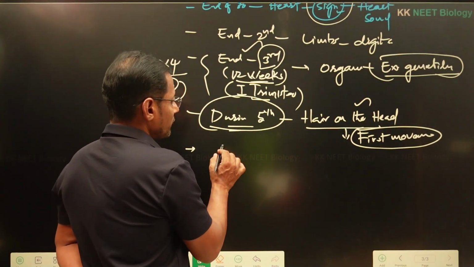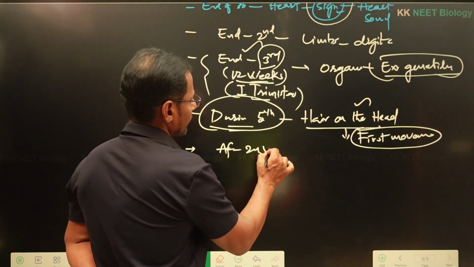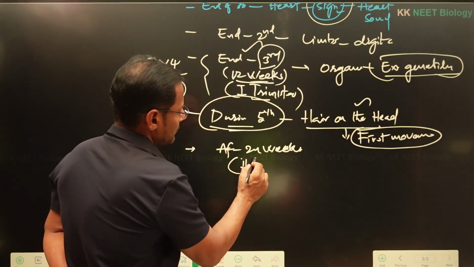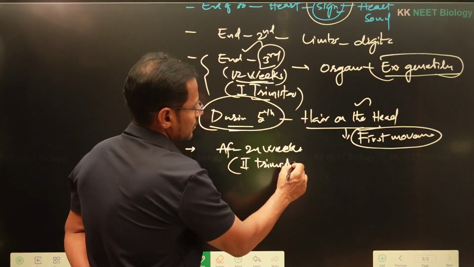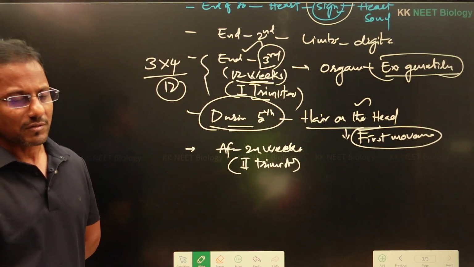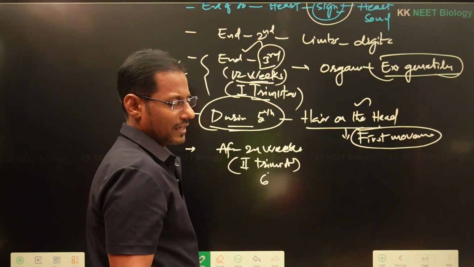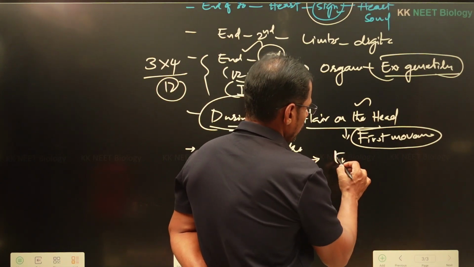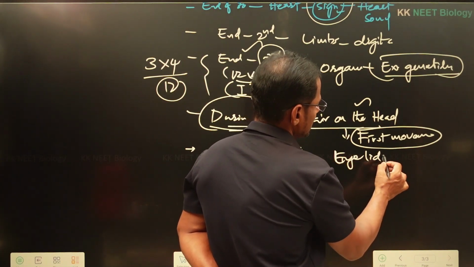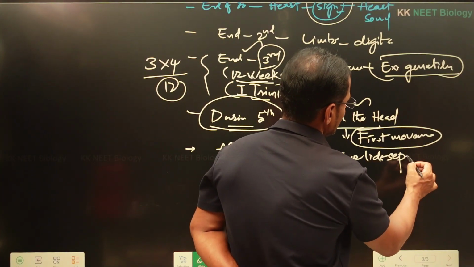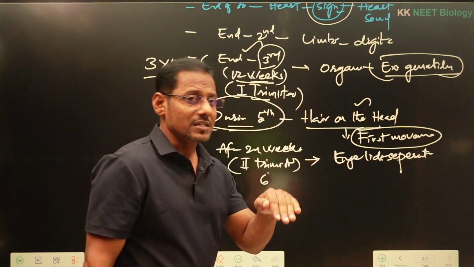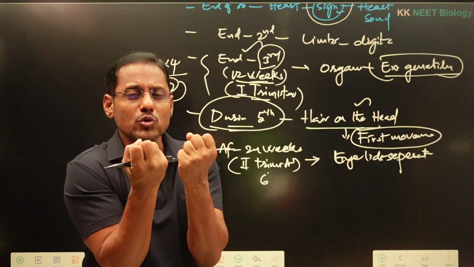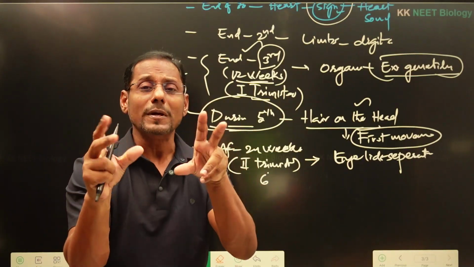Coming to after the 24 weeks, that is the second trimester. At the end of the second trimester, the 6th month, the eyelids are going to be separated. Till the 6th month, the upper and lower eyelids are fused together, so the baby cannot open its eyes.